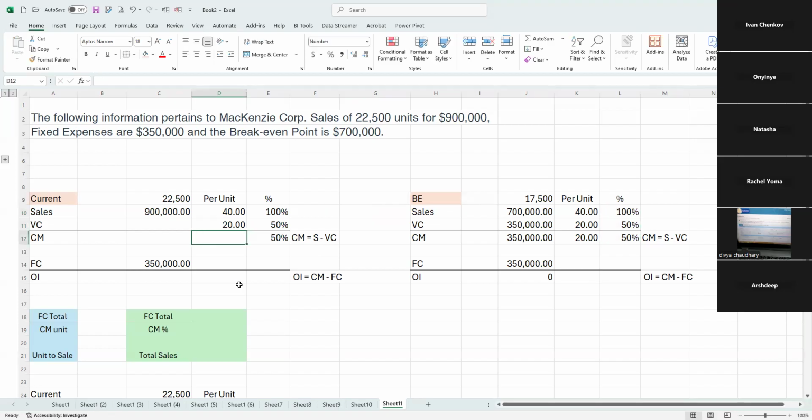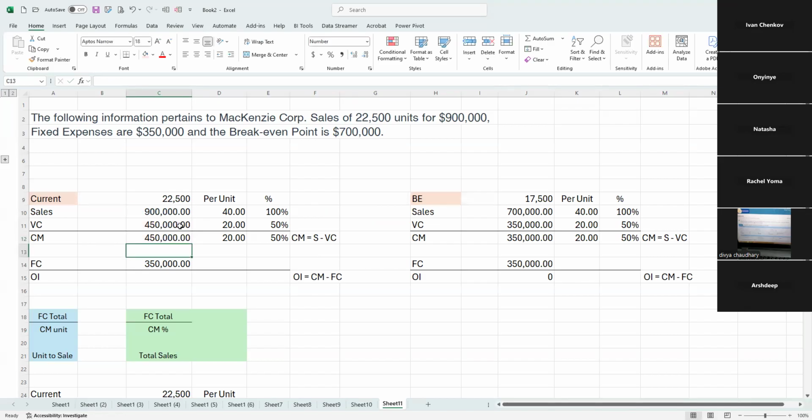Yes. 20. How much is my contribution margin per unit? 20, right? So do I know my variable cost in my current situation? Yes. 22 times 20. Do I know my contribution margin at the current situation? Yes.